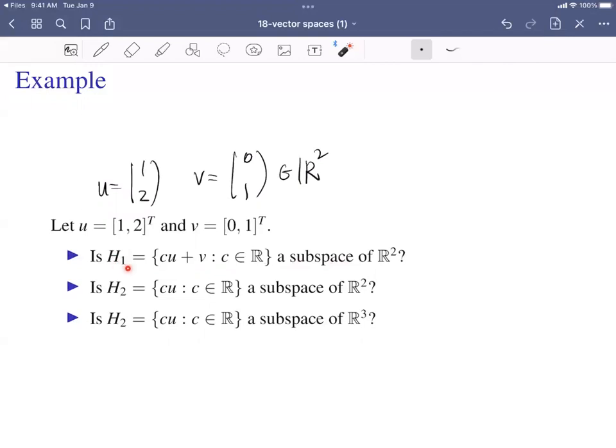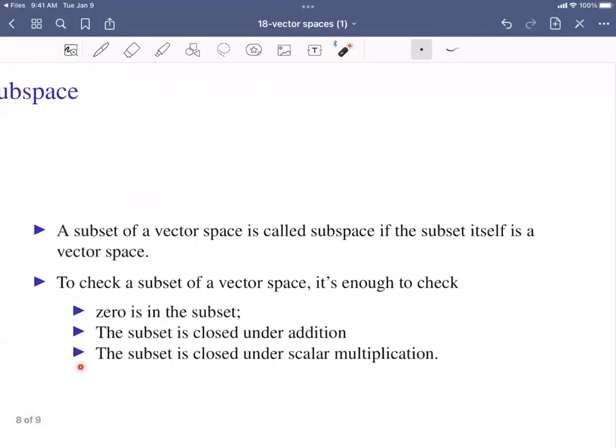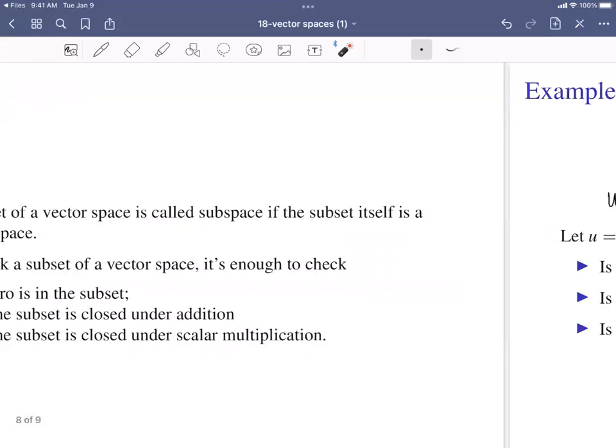H1 is a subset of R2, but it's not necessarily a subspace of R2. To justify it is a subspace, we need to verify these three properties: zero, closure under addition, and closure under scalar multiplication.